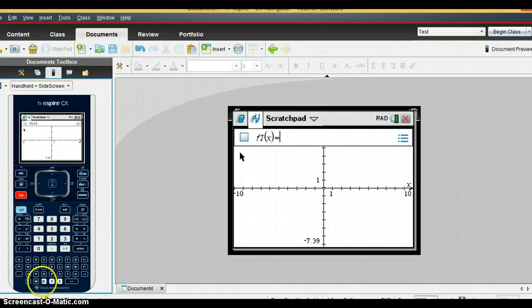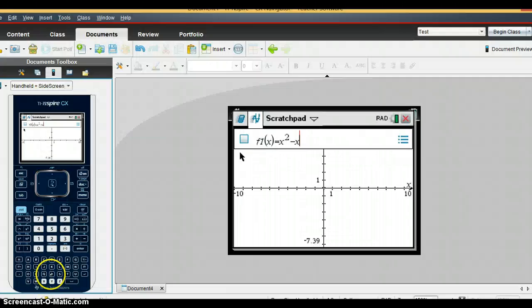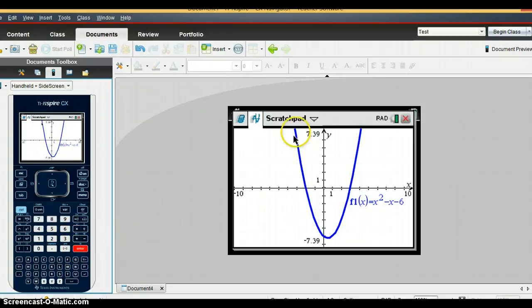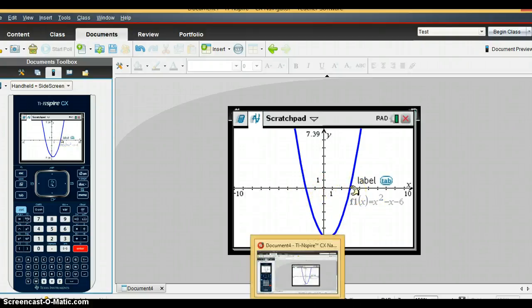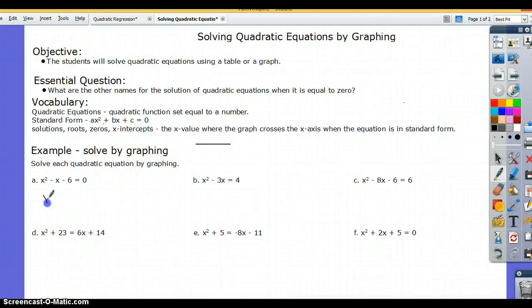So our first one was x squared minus x minus 6. Alright, so this is the graph we get. So one solution is here at -2, the other one is at 3. Simple as that. So the solutions to this are x equals -2 and 3.